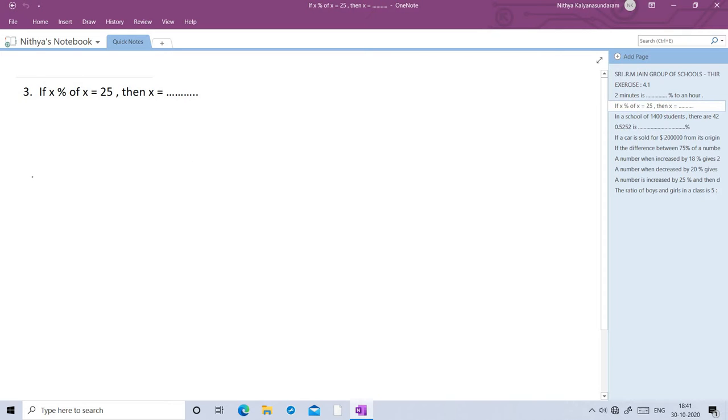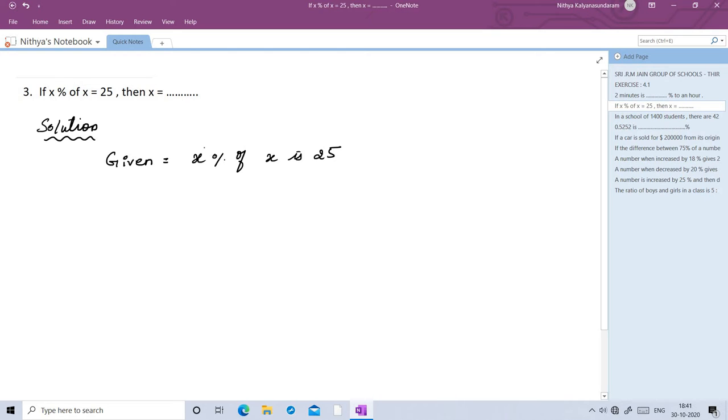Third question, if x percentage of x is 25, then what is the x we want to calculate? First write given: x percentage of x is 25.